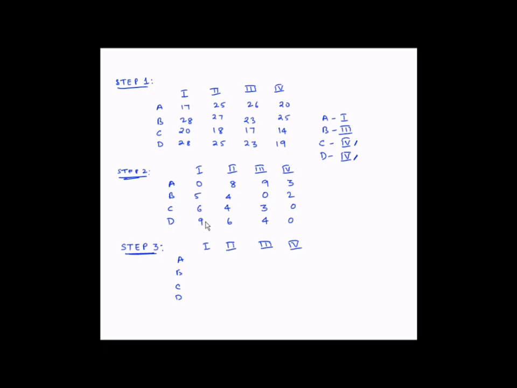We already have a 0 here, so we can just note down the numbers as is. For the second column, the lowest is 4, so let's deduct 4. The column becomes 4, 0, 0, 2. For the third, we already have a 0, so 9, 0, 3, 4. And fourth, again we have a 0 here, so 3, 2, 0, 0.